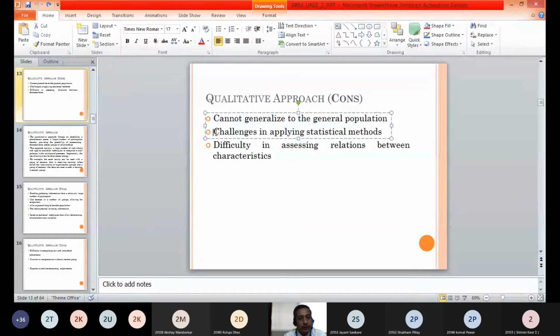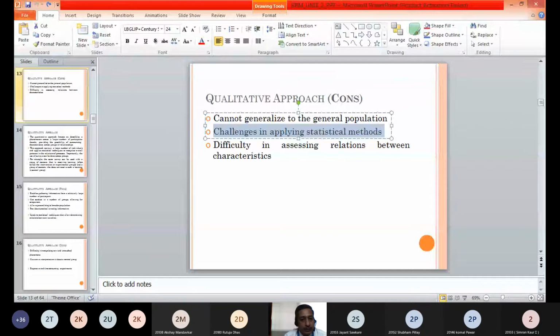Second disadvantage or limitation is challenges in applying statistical methods. So in this type of qualitative data, as you know, we get the descriptive data, or we can call it subjective data, which is in the form of pictures or words, sentences.